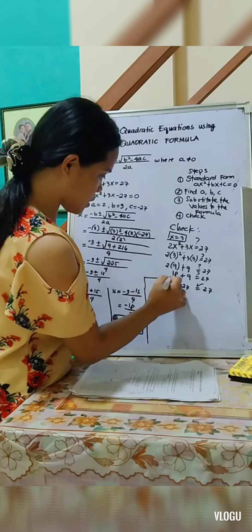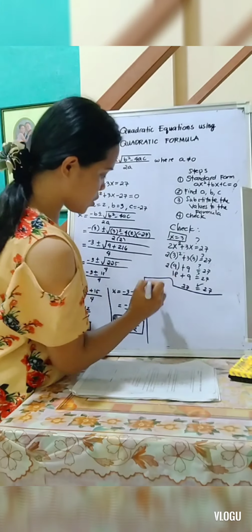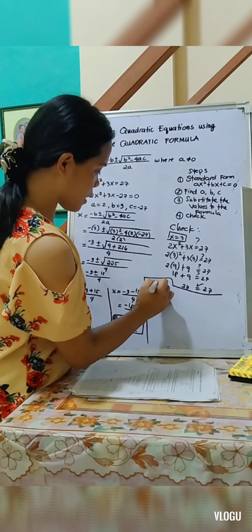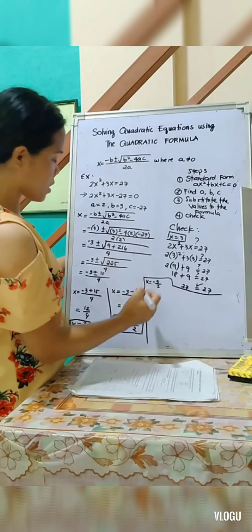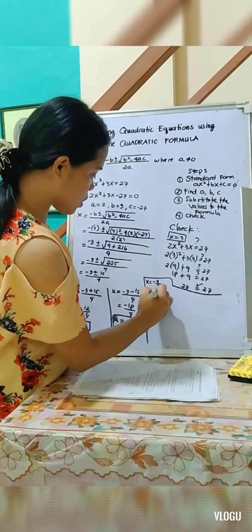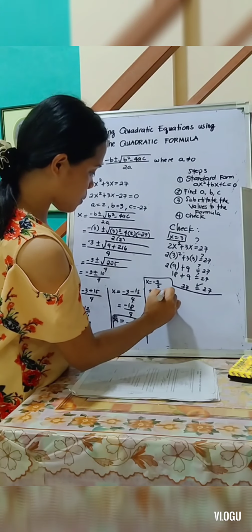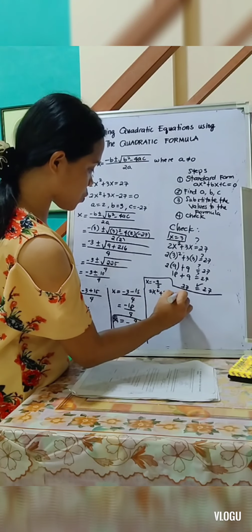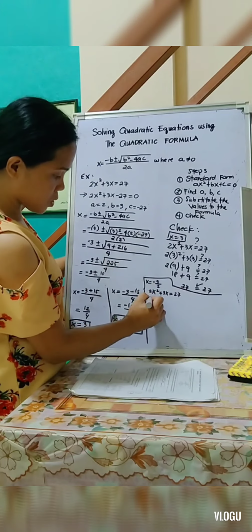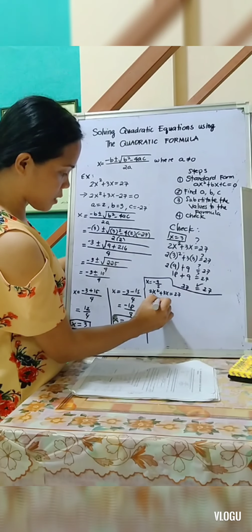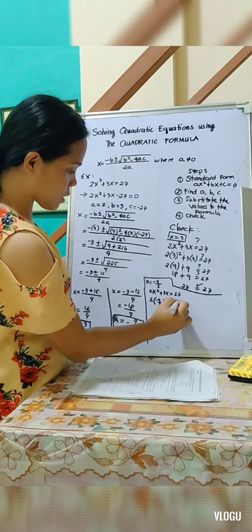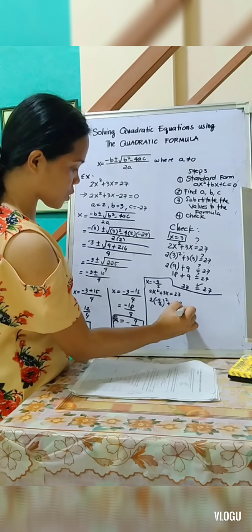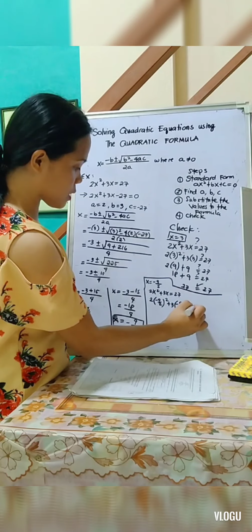Okay, so let's have x equals negative 9 over 2. We substitute this into the original equation, 2x squared plus 3x equals 27. So just substitute the value of your x, which is negative 9 over 2: 2 times negative 9 over 2 squared plus 3 times negative 9 over 2 equals 27.